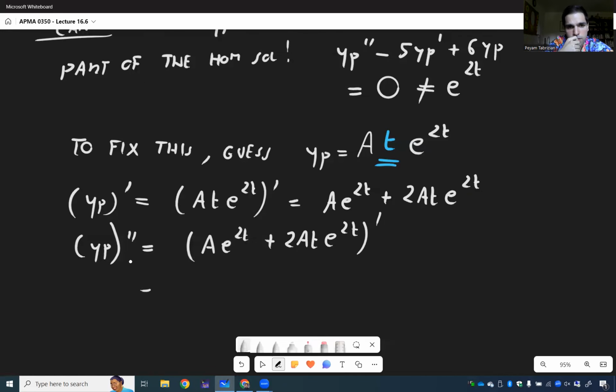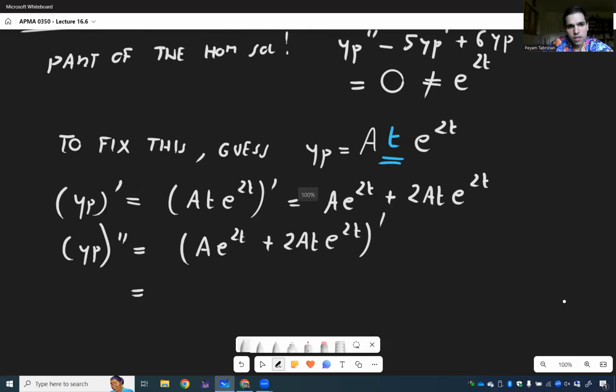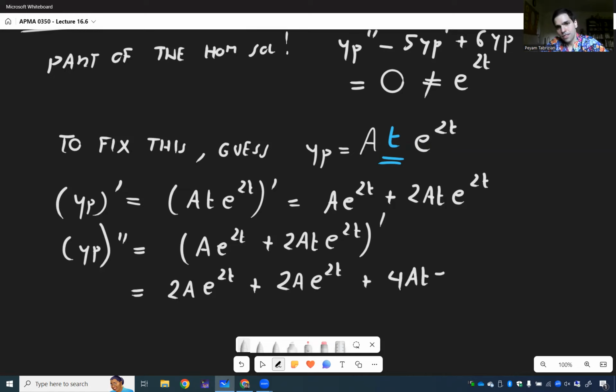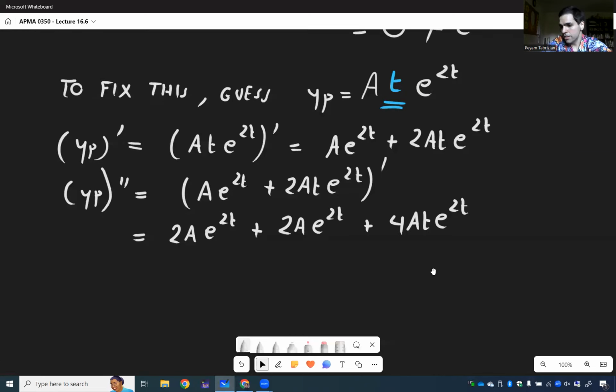And that becomes 2a e to the 2t plus 2a e to the 2t, and then 4a t e to the 2t from the chain rule. And this simplifies to 4a e to the 2t plus 4a t e to the 2t.